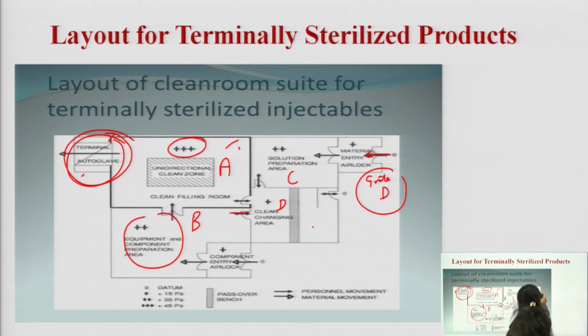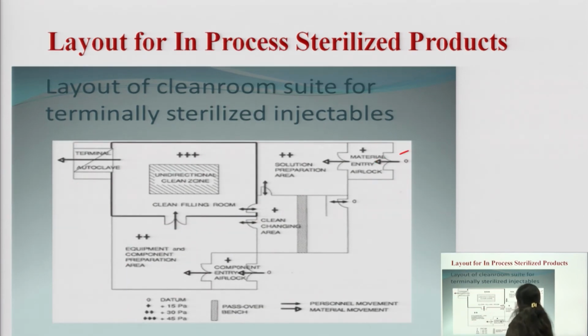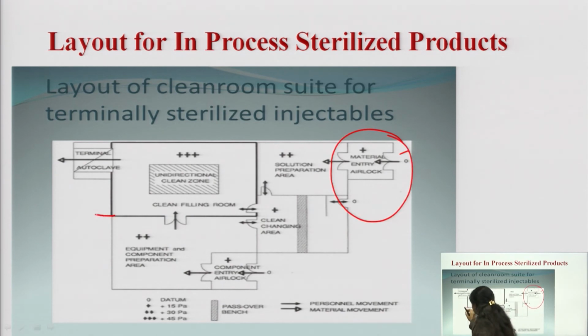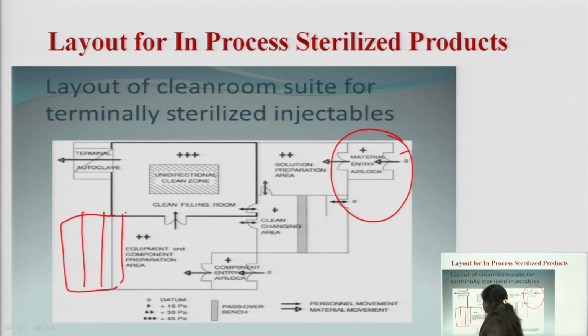Material entry will take place from this area. Here you will enter the material, and here you have to add more area, which will be divided into 4 zones. The 4 zones will be D, C, B, and then here you will have the A, but here we will have the personnel entries.